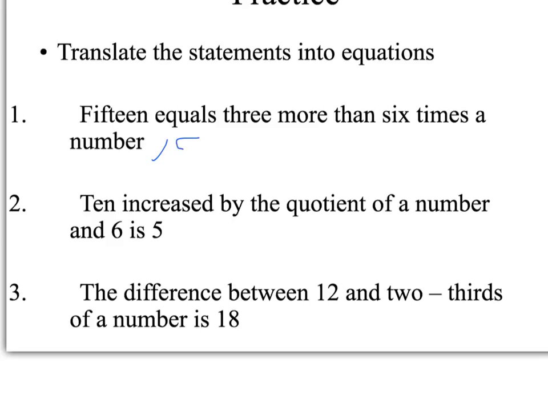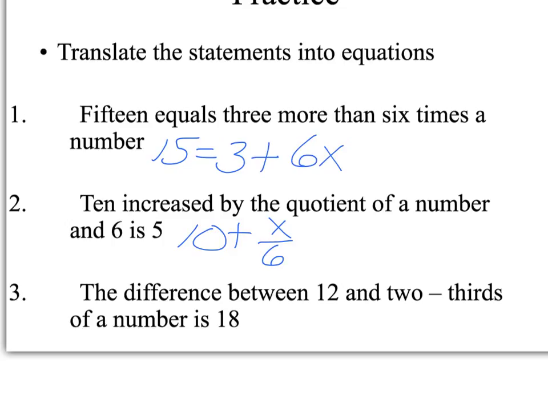So 15 equals 3 more than, meaning addition, 6 times a number, so 6x. 10 increased by, increased is addition, the quotient of a number and 6. Quotient means division, so it's x divided by 6.